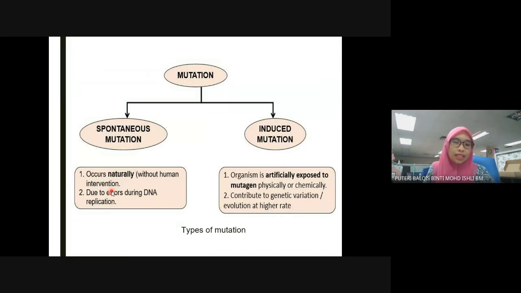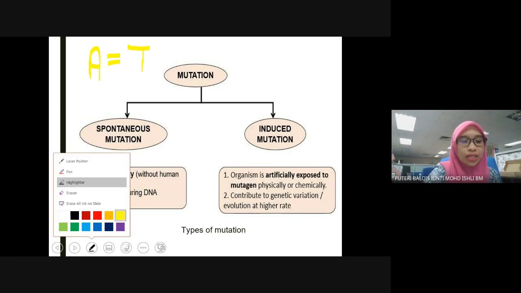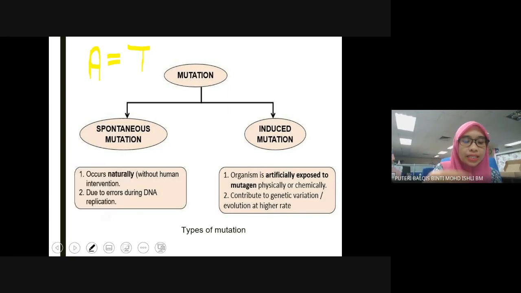Masa DNA replication tu mungkin dia letak base yang lain. Contoh patutnya base A complementary to T. Kan A complementary to T. So mungkin masa dia tambah base tu dia letak A complementary to G. Contoh-contoh. So dia dah jadi lain lah tu. So itu adalah spontaneous mutation, occur naturally.